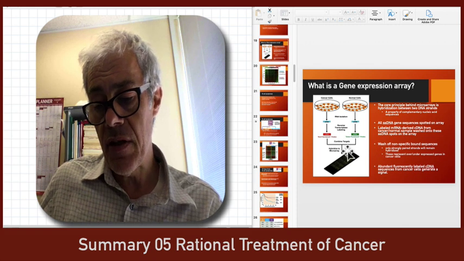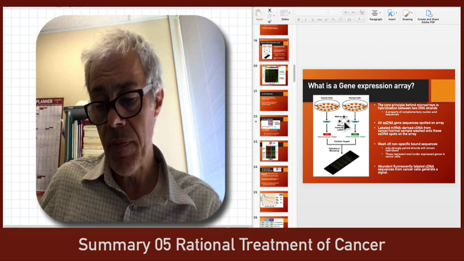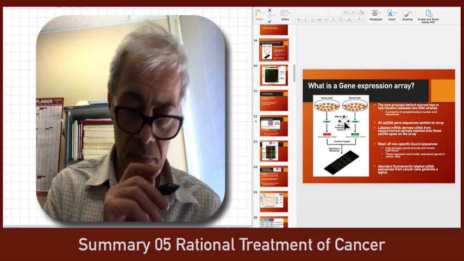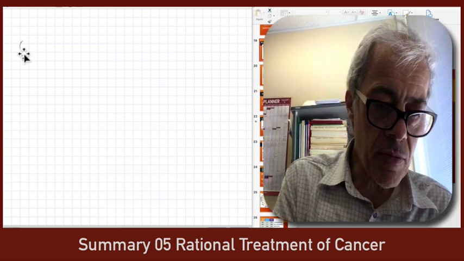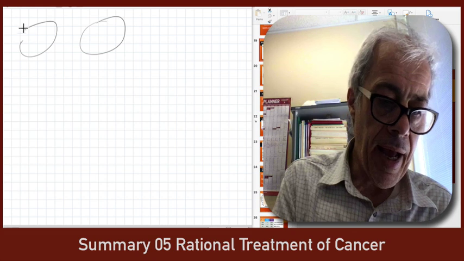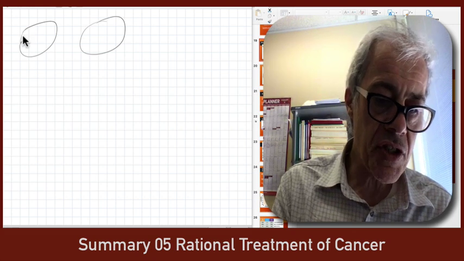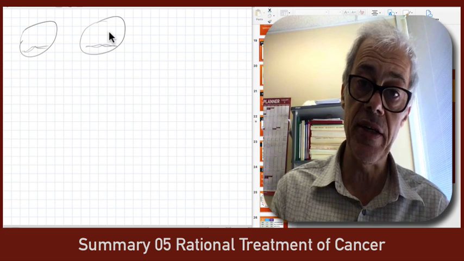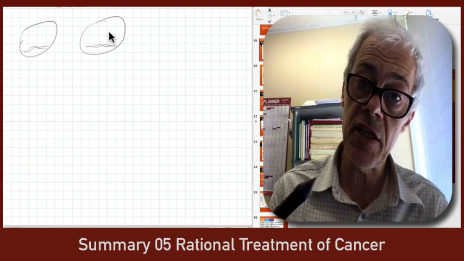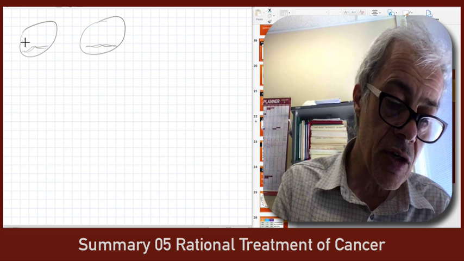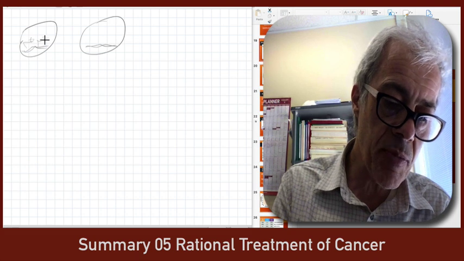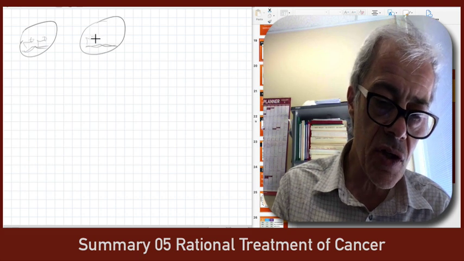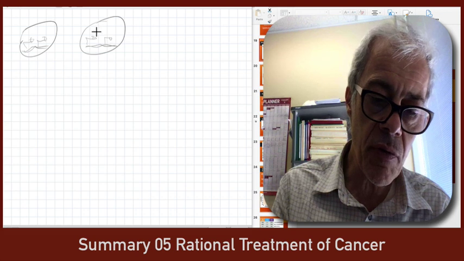I don't want to get too much into the technique, but what's going on here is that you've got 2 cells, and within those cells you've got gene expression occurring, and that's what microarrays are measuring. They're a measure of gene expression. So you're looking not at the genome content, but at what genes are activated, so looking for messenger RNAs.